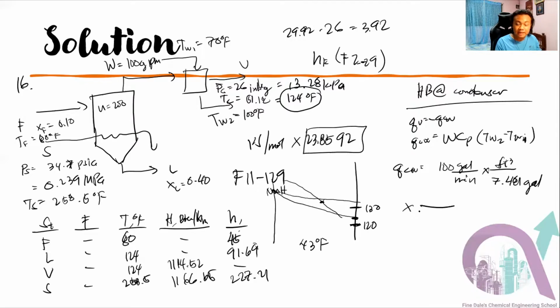Right? The density at that temperature is obtained at 85 degrees Fahrenheit, which is the average of 170. Check that. This is 170 divided by 2 is 85. It's 62.165 pounds per cubic foot.